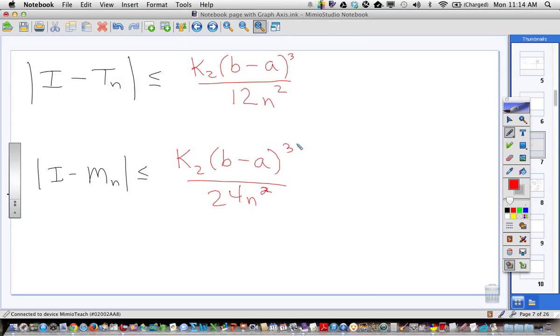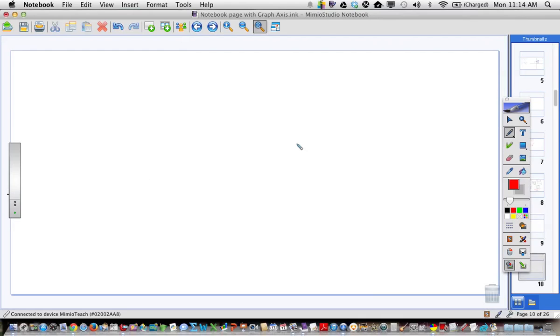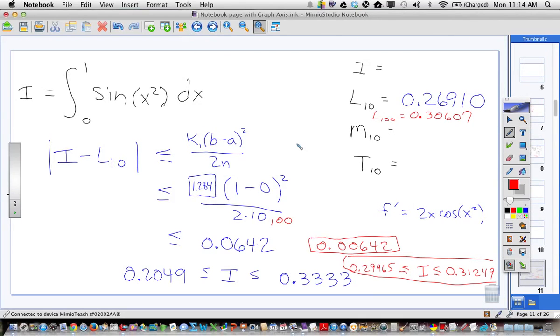So the only thing that changes when you do this problem that we did here, for an M10 kind of calculation, is this would be cubed, this would be 24n squared, and this would be K2.